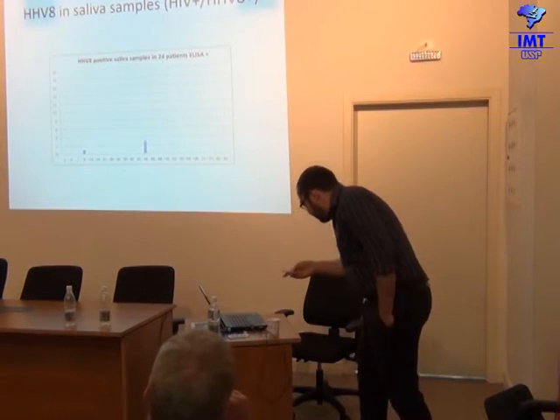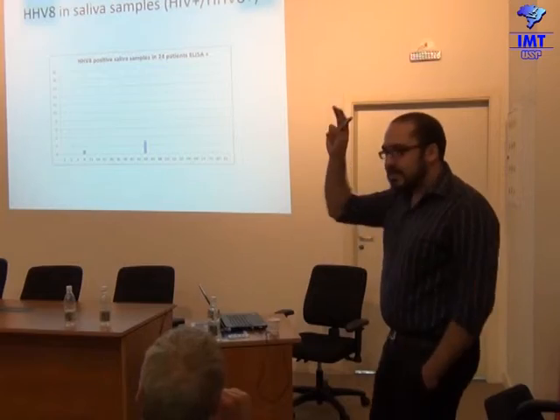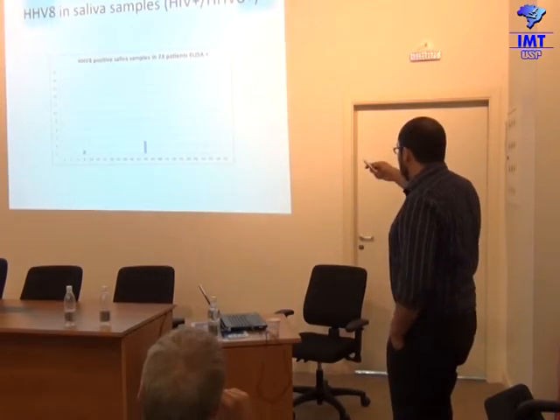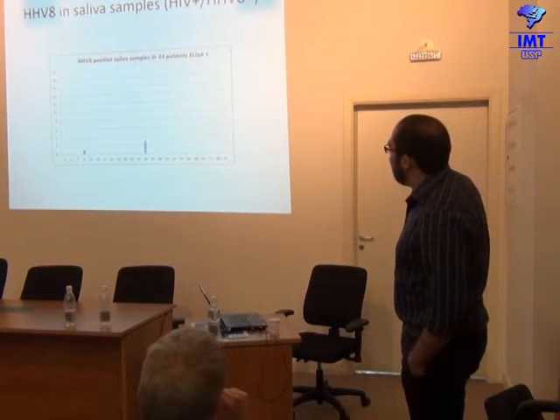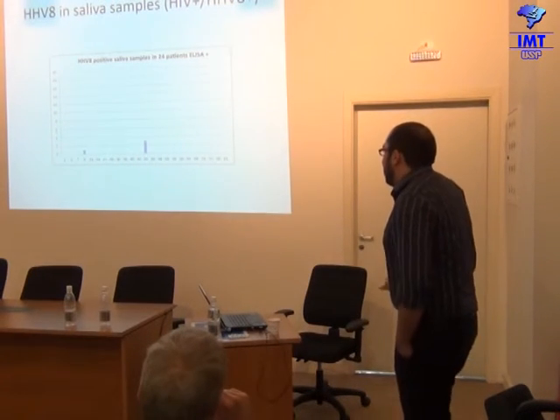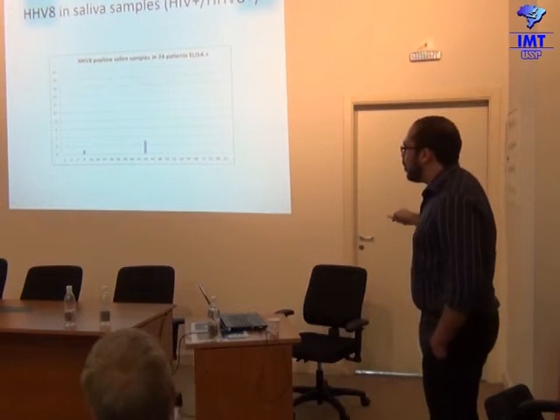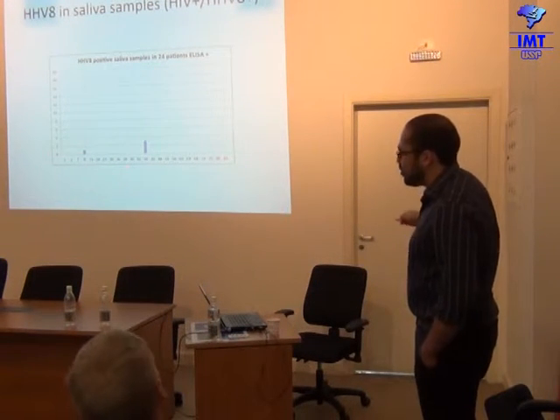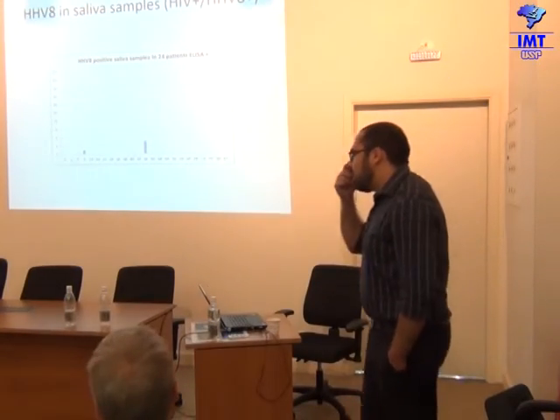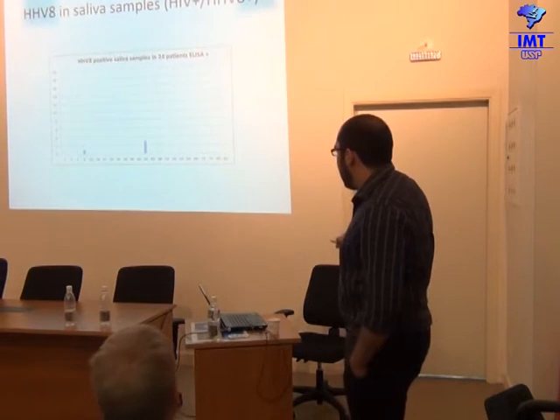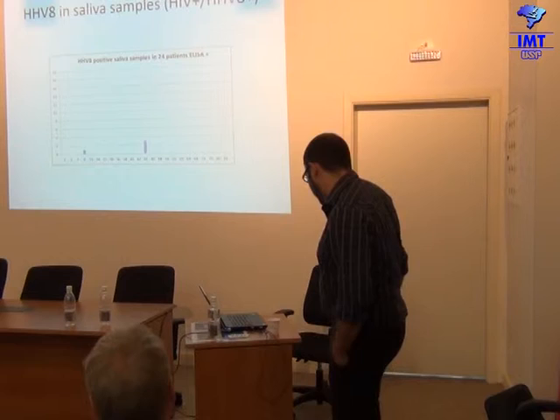Here we have results about the homemade saliva samples from HIV positive, HHV8 positive patients. We analyzed 20 samples from each patient, and we have only 4 positive samples: 1 from patient 9 and 3 from patient 44.